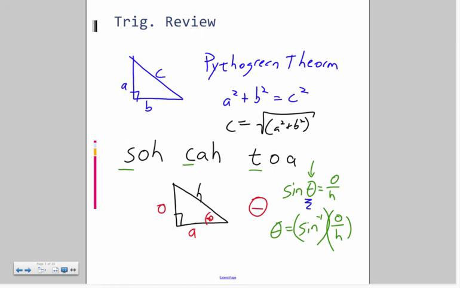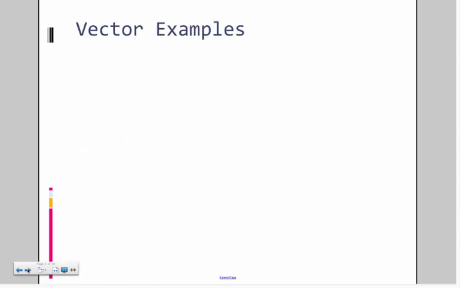And of course, depending on what we're wanting to solve for, we could use sine, cosine, or tangent. Most often, we will use tangent. It'll be our most common trig function that we use. And we'll do some examples of basic trig calculations, as well as then applying them to vector calculations next time in class.